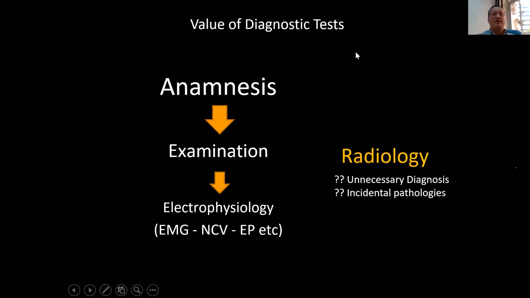So if you look at the diagnostics, anamnesis has the biggest value. Then the examination, then electrophysiology is lower value. Radiology has more value than electrophysiology, even than examination probably, but there is a risk of unnecessary diagnosis and diagnosis of incidental pathologies.